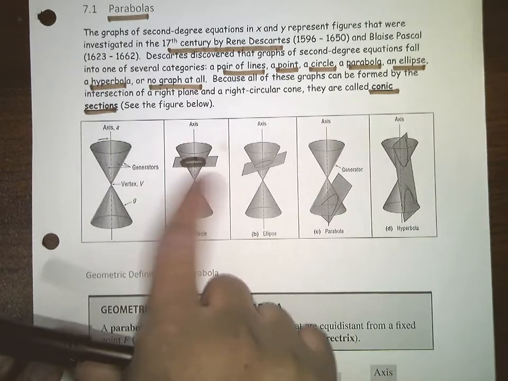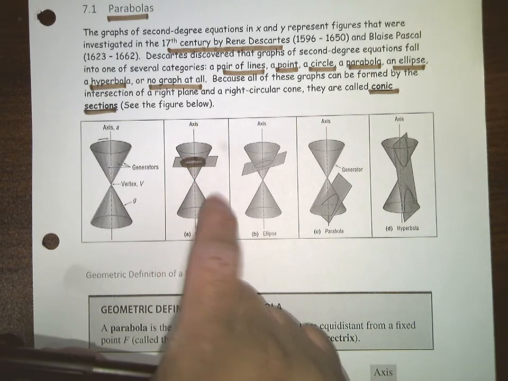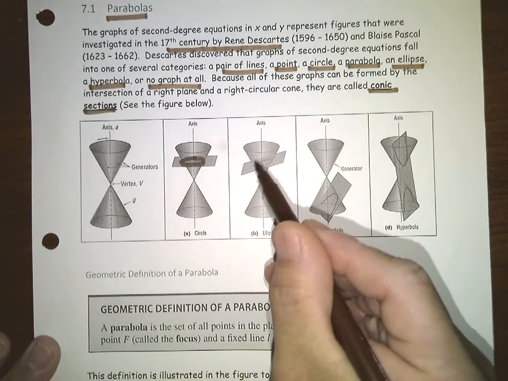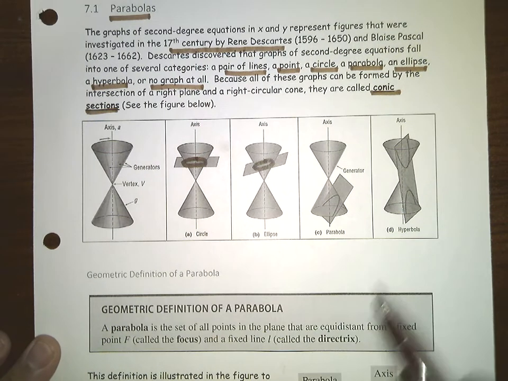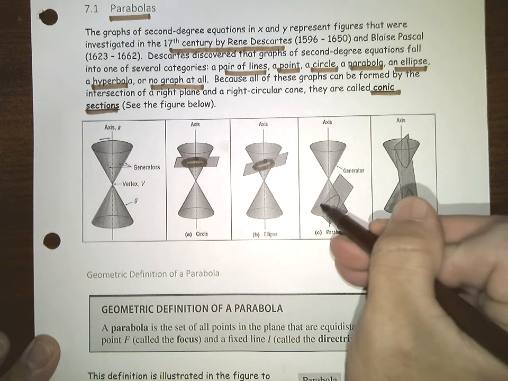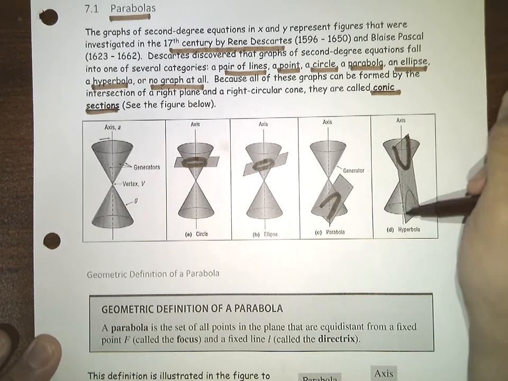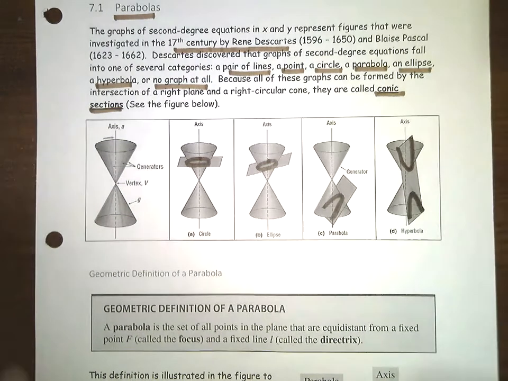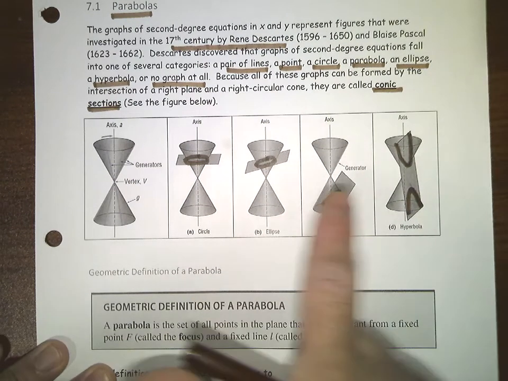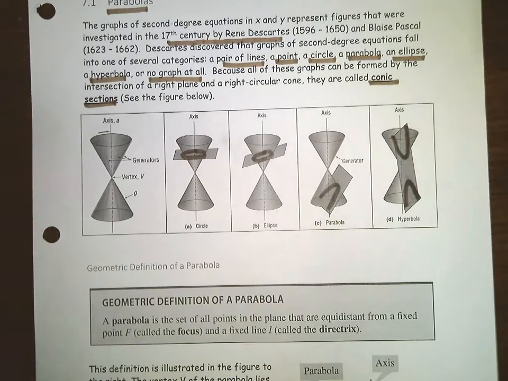So it's a plane intersecting two cones like this, and then if you tilt the plane a little bit, you get an ellipse, and if you tilt the plane this way, you get a parabola, and this way you get a hyperbola. Of course, you could have a parabola if you had the plane in the upper half of the two cones as well.